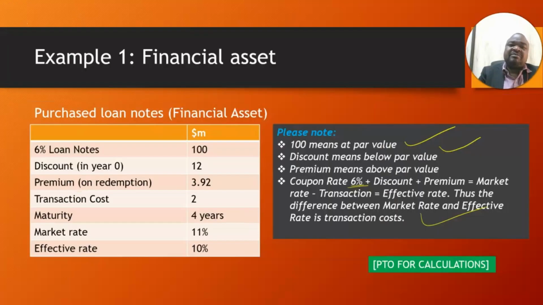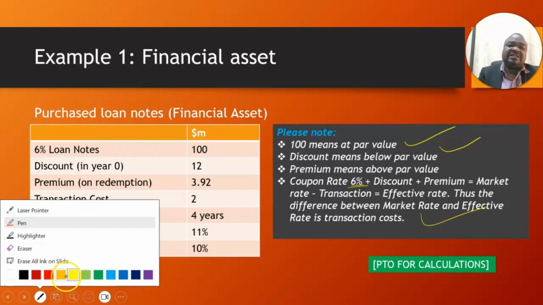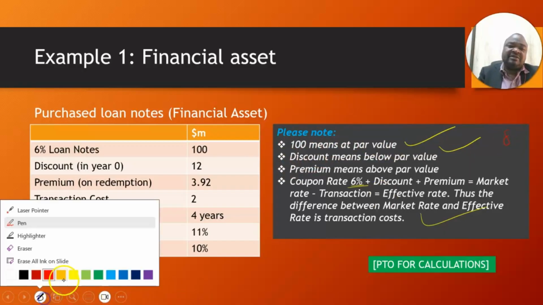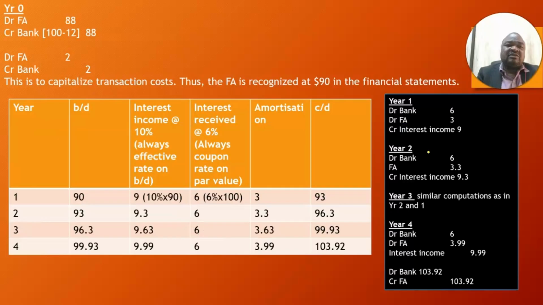Like I said, because we bought at a discount of 12 million, it means that we ended up buying assets at 88. So we're going to debit the financial asset 88 and credit bank.